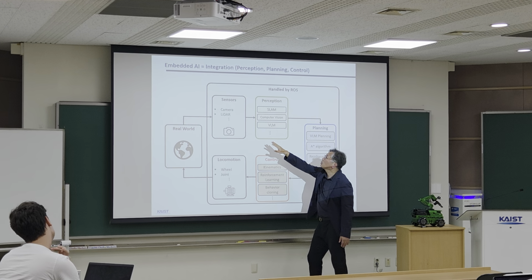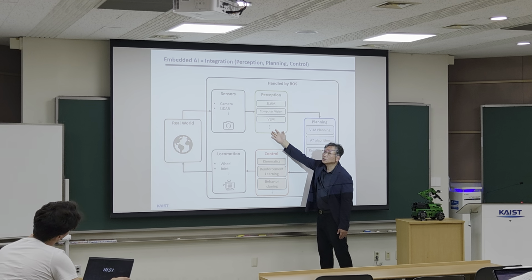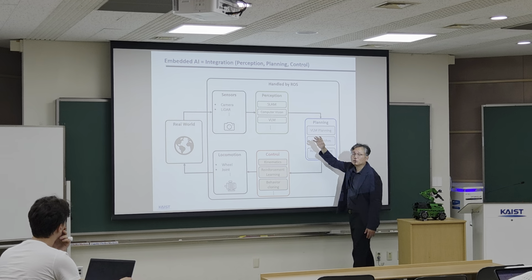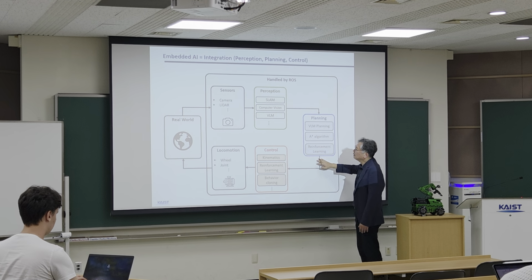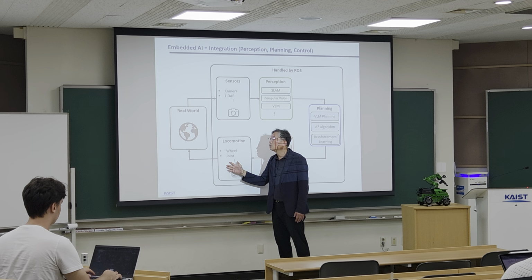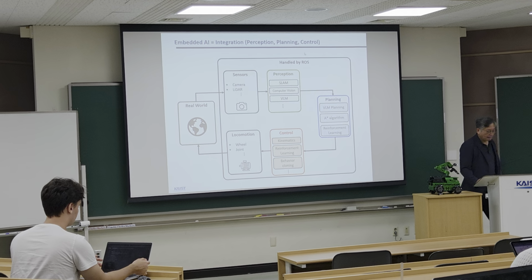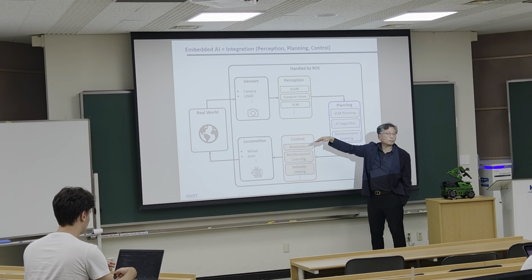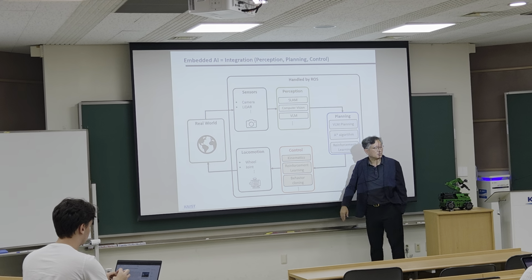And so you perceive the world, you're going to use SLAM, computer vision, VLM to understand the world. You do some planning, then you're controlling the motors to move around in this real world. Okay. And these are the topics that will be covered in this course. Many of these.